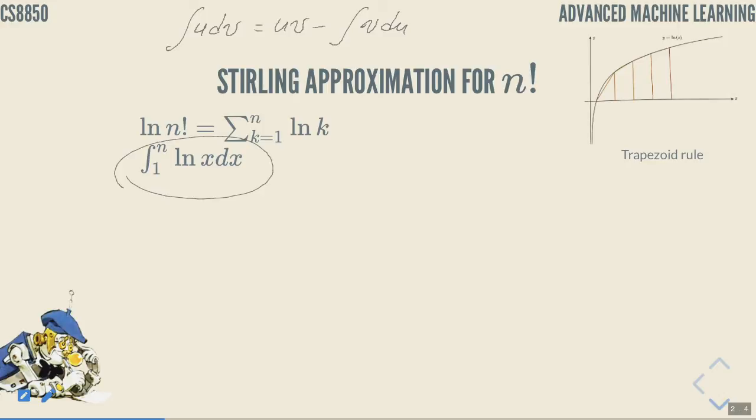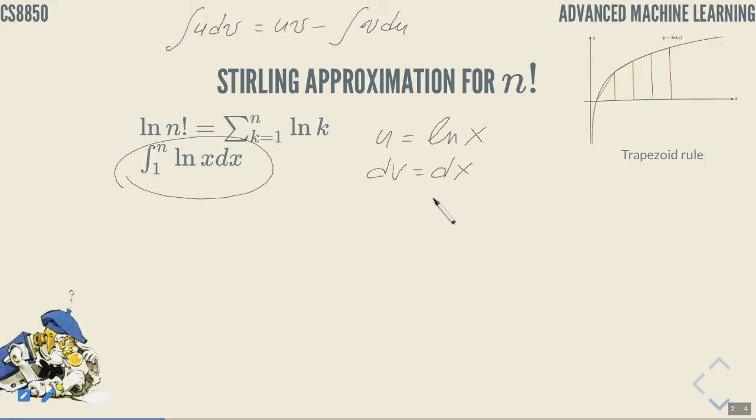Let's say that our u here is log x, and dv is just dx.